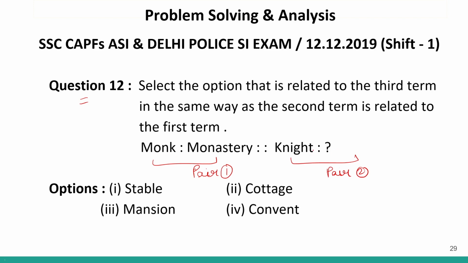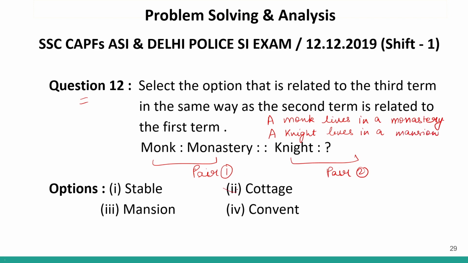So I can say that the relationship is that a monk lives in a monastery. Similarly, I have to find the relation for knight. So I can say that a knight lives in a mansion.